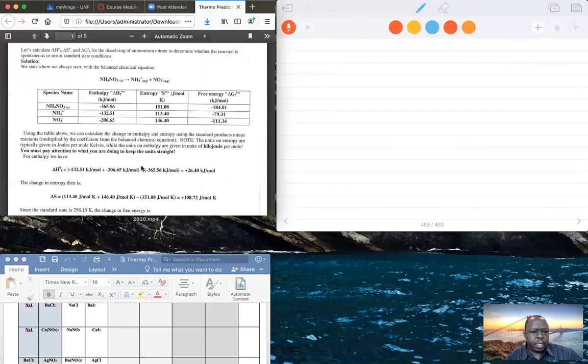But for our case, we don't need to calculate this. I know sometimes you may be required to do this.